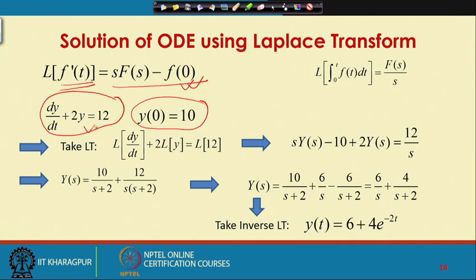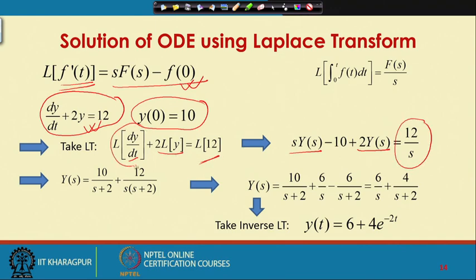So, take the Laplace transformation of this. You have to take the Laplace transformation of dy dt, of 2 y, and of 12. So, it becomes s Y(s) for this, 2 Y(s) for this, and 12 by s for this.